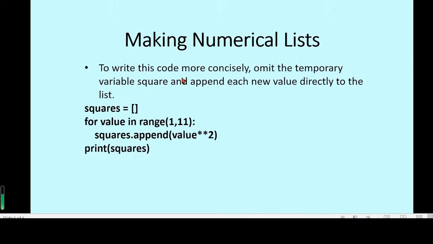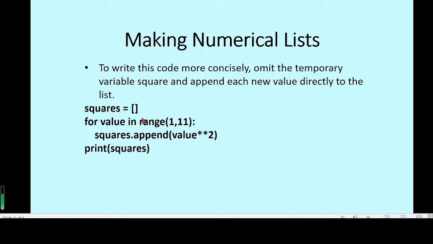To write this code more concisely, you can omit the temporary variable square and append each new value directly to the list. So we can also start with an empty squares list, then write a for loop with only one statement. For value in range 1 to 11, we calculate the square of this value, then directly append it to this squares list.